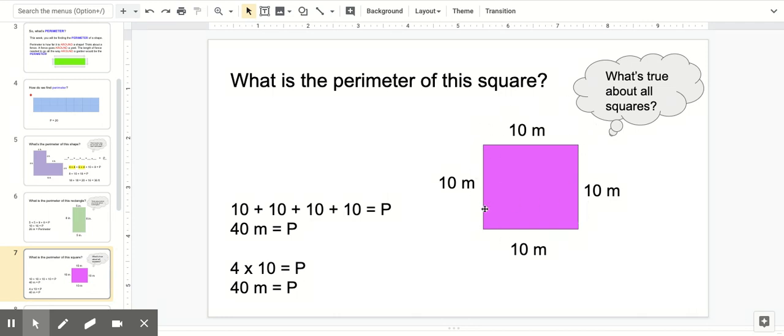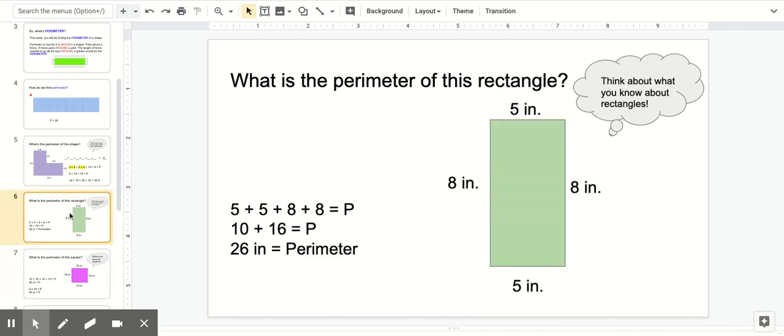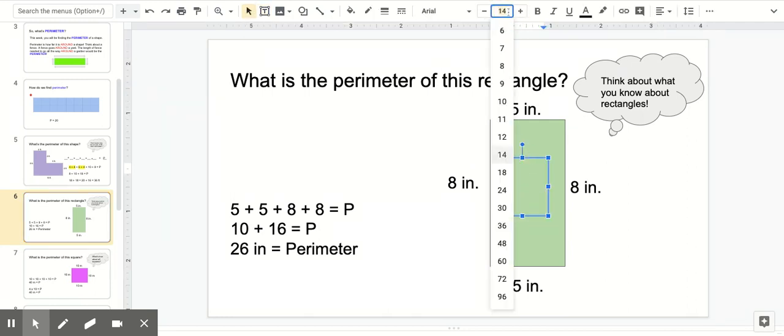Okay, those are very different measurements. I'm going to go back to this one, and I want you to think about that. We said that the perimeter was 26 inches to go from here to here, here to here, here to here, and here to here. It would be 26 inches. That's a really different measurement than the space covered on the inside of this rectangle, the area.